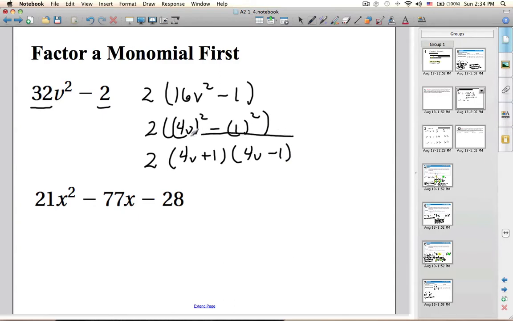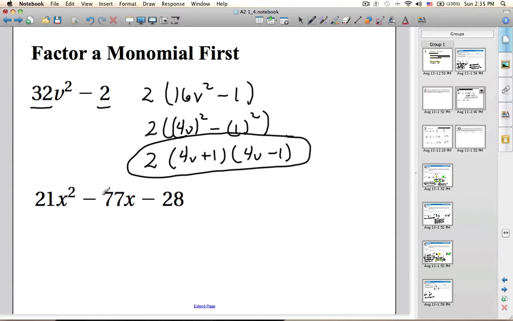And now I've fully factored. Again, if I multiply this all back out, it should turn back into the initial equation. I'm not going to take the time to do that, but you can always do that to check if you're correct.